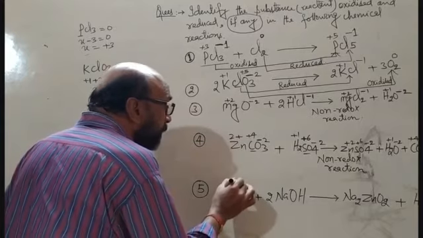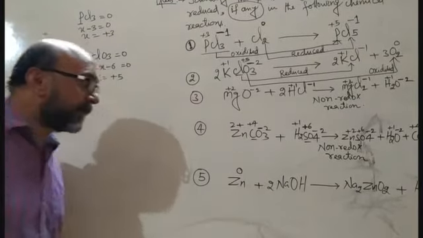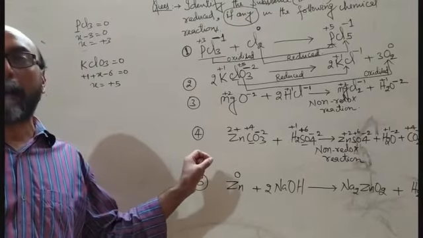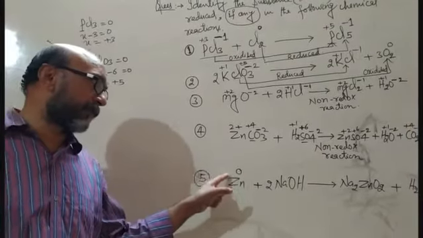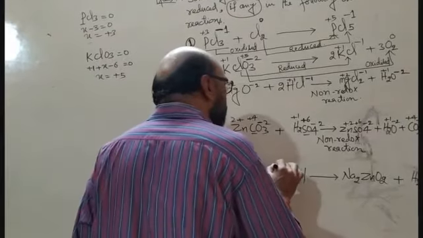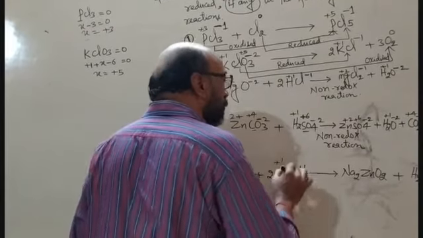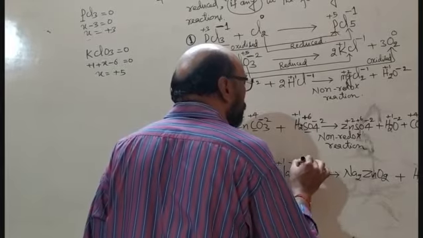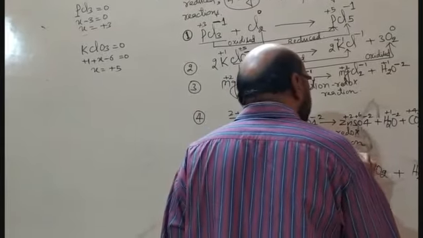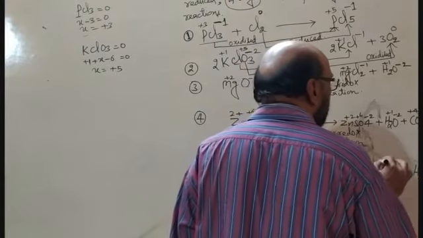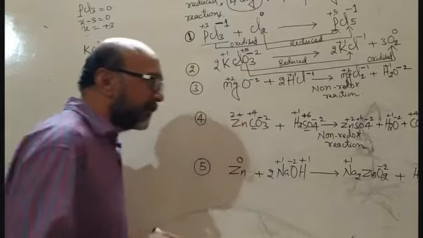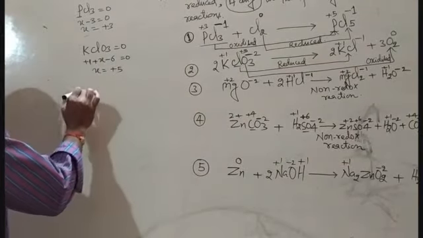In this reaction, zinc is in the elemental state, in uncombined state. Therefore, oxidation state of zinc is 0. Sodium is alkali metal, plus 1, oxygen is minus 2, hydrogen is plus 1. You need to calculate the oxidation state of zinc in this compound.